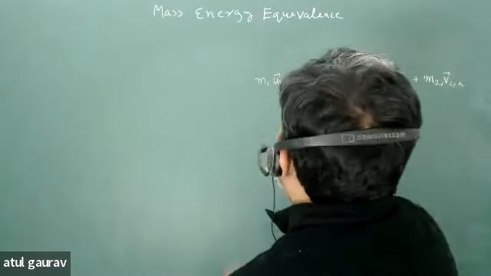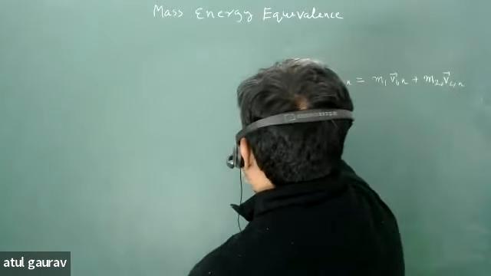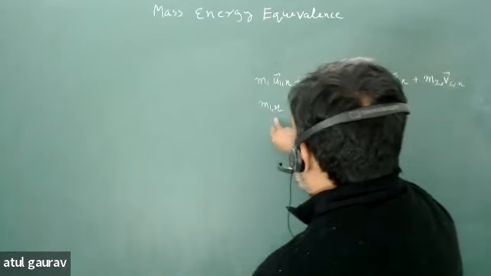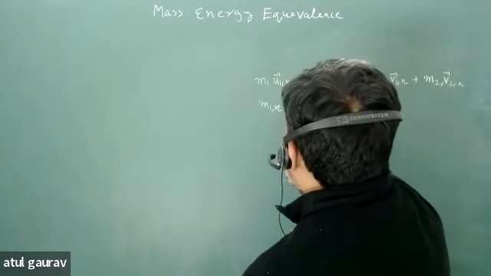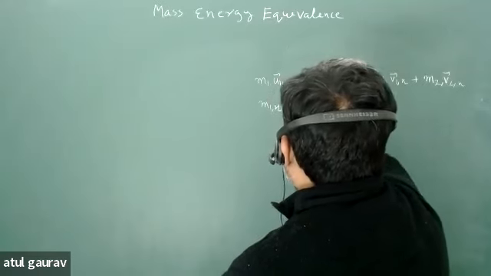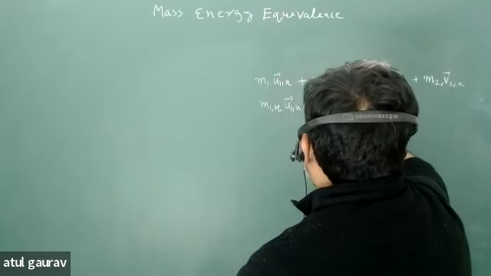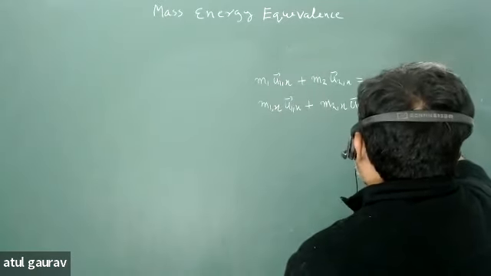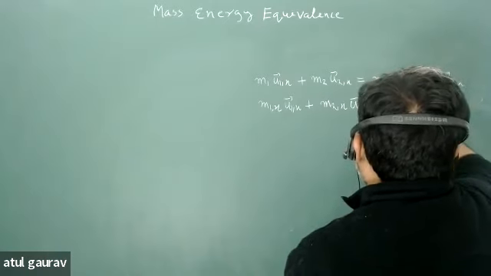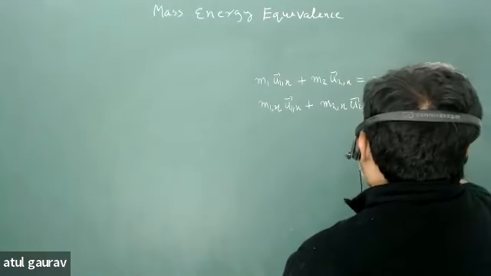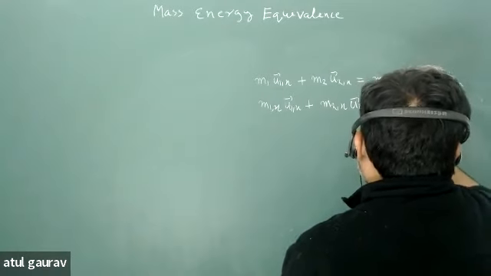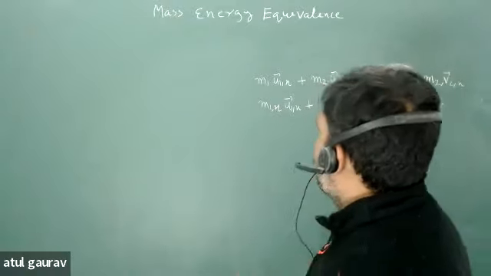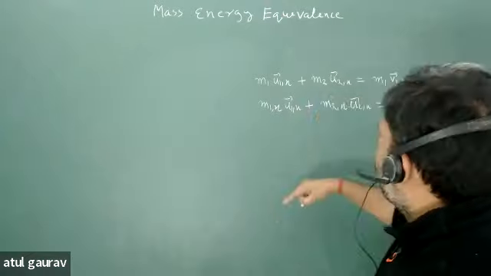Now this whole thing can be changed something like this: m1 with respect to x, u1 with respect to x, plus m2 with respect to x, u2 with respect to x, is equal to m1 with respect to x, v1 with respect to x, plus m2 with respect to x, v2 with respect to x. So this is with respect to x.